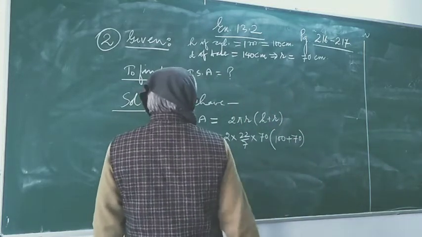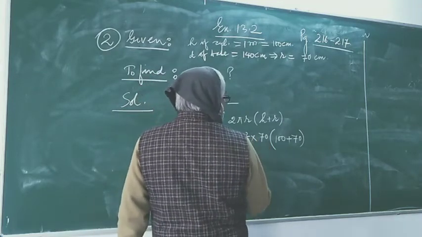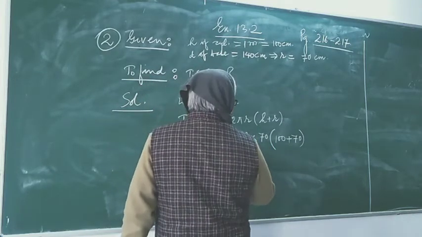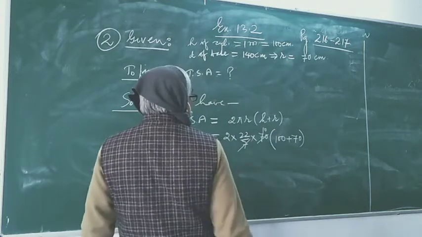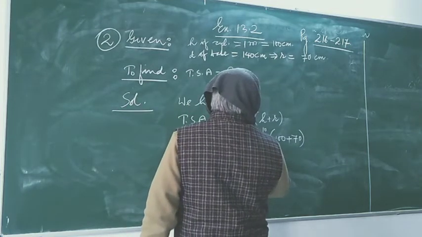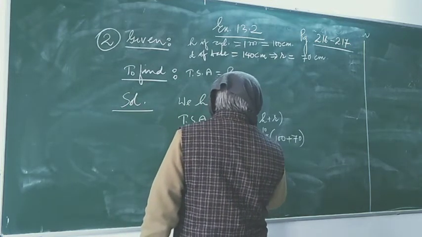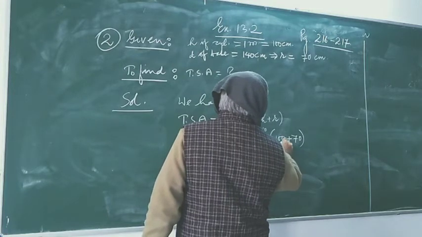Let us simplify. Firstly, this 70 will be cancelled by this 7. What will be there? It is 10. Now multiply this one: 2 times 22 is 44. 44 multiplied by 10 is 440, multiplied by 100 plus 70.